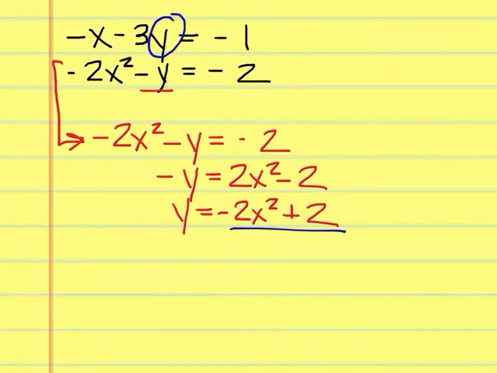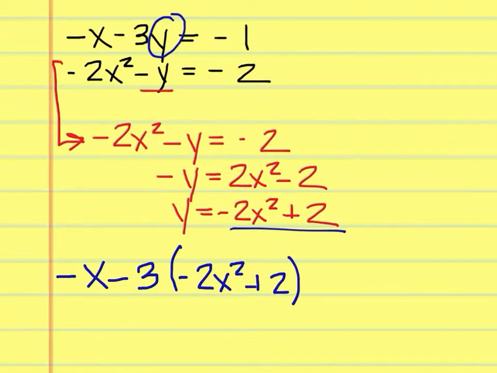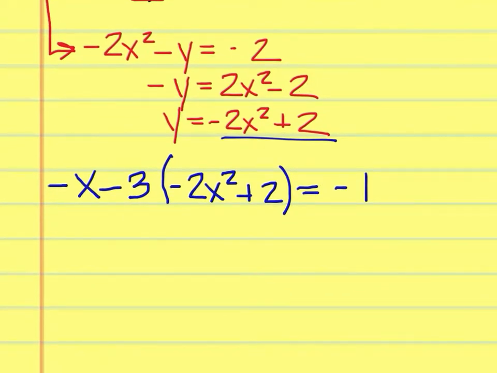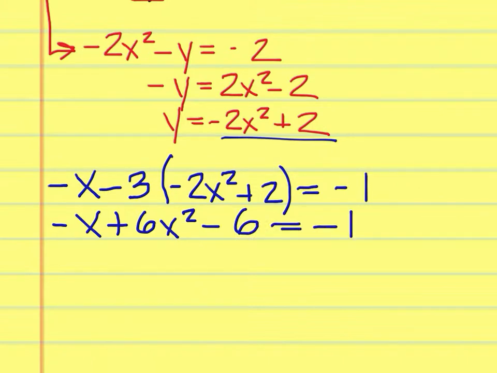When you do that, you come up with -x minus 3 times the quantity of -2x squared plus 2, and then set it equal to -1. Simplify -x minus 3 times that quantity, so it would be plus 6x squared minus 6 equals -1.